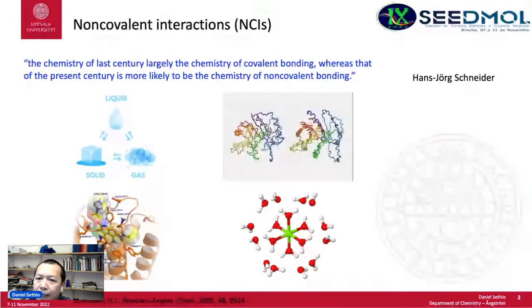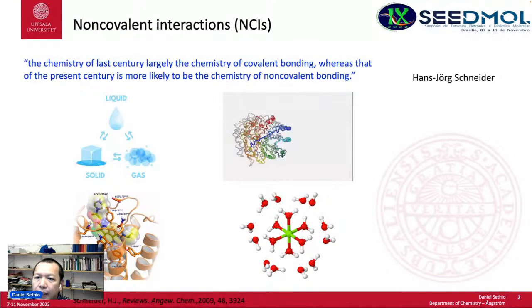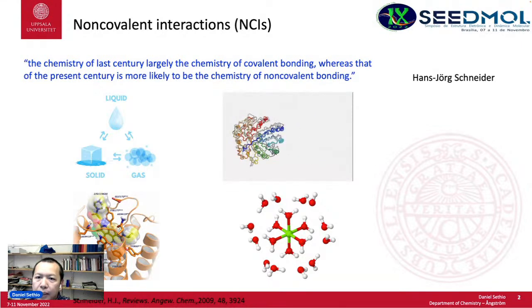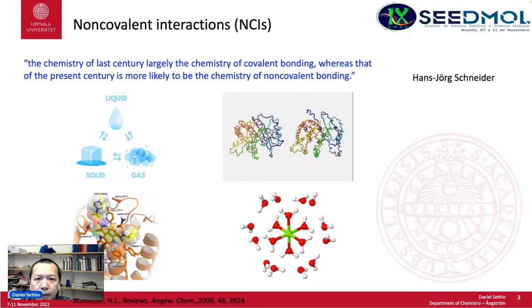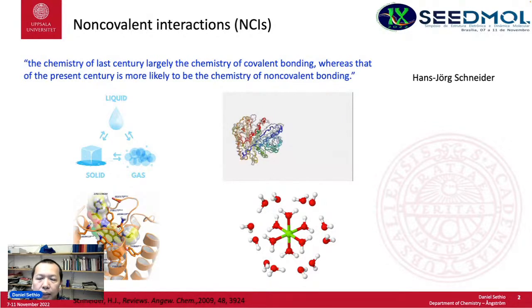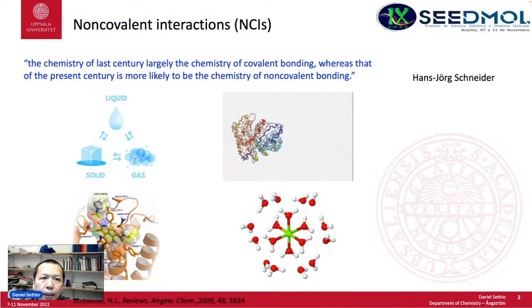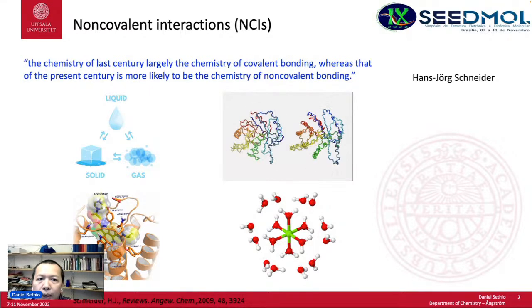So non-covalent interaction has received a lot of attention due to its importance in many fields such as physics, chemistry, biology, and material science. It is believed that the chemistry of the present century is more likely to be the chemistry of non-covalent interaction, while the chemistry of the last century is mostly the chemistry of covalent bonding.